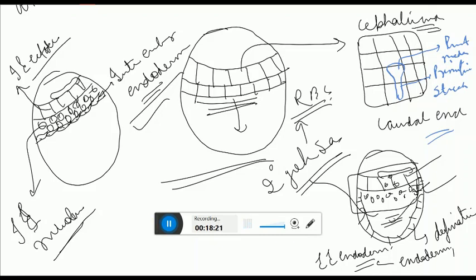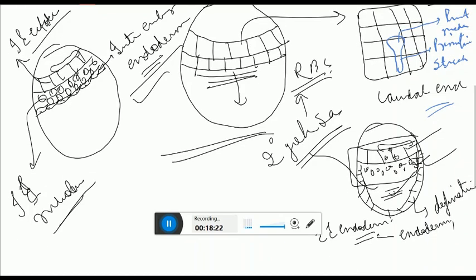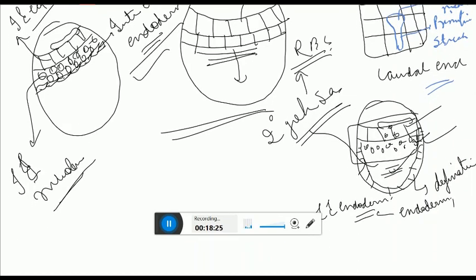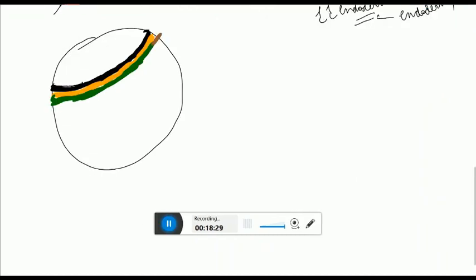Now we will read about the formation of the embryo, formation of allantois, formation of amnion. See, I am representing this black color. This black colored layer is intraembryonic ectoderm. This yellow color is intraembryonic mesoderm, and this green color is intraembryonic endoderm.